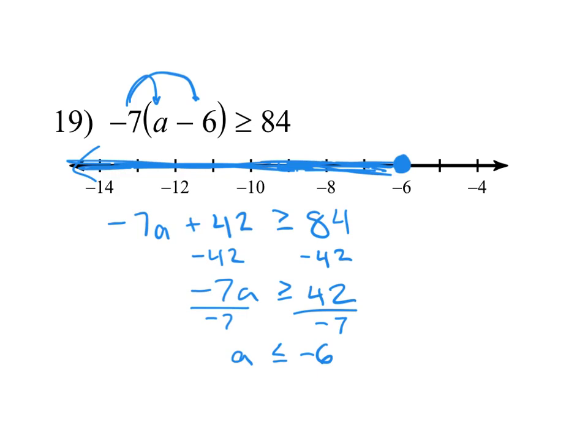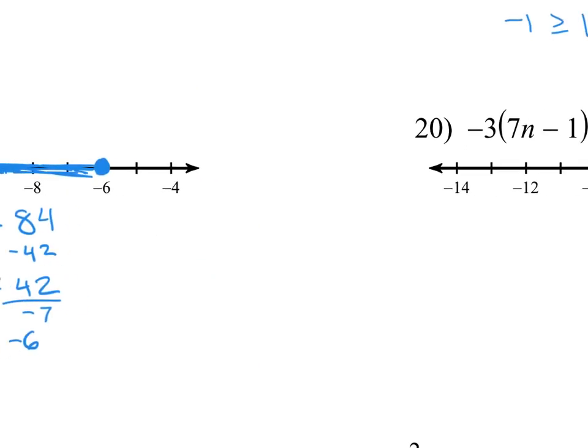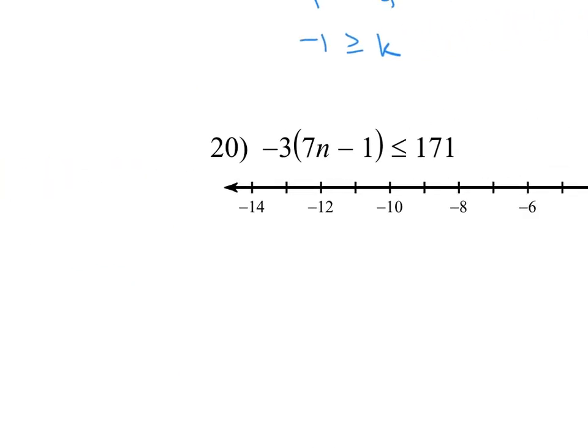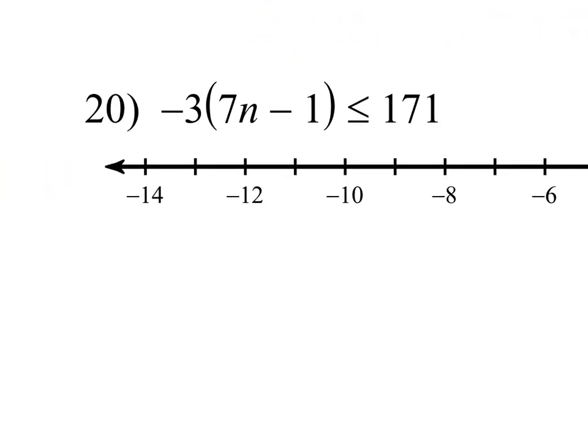All right, last one, finally. What do we do first? Distribute. So we have negative 21n plus 3 is less than or equal to 171. What do we do next?